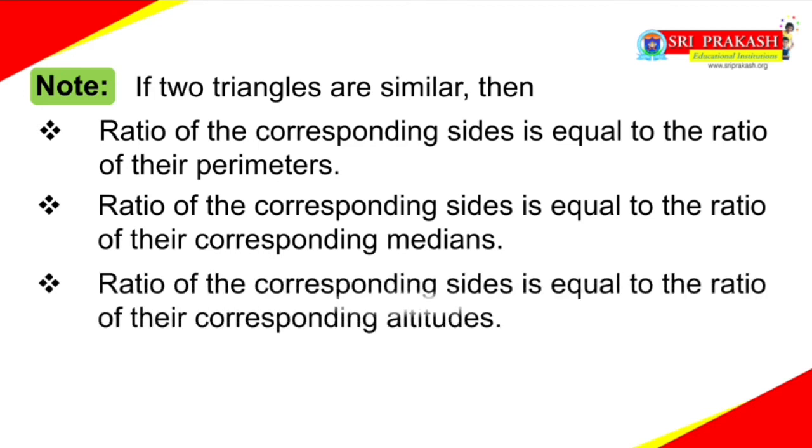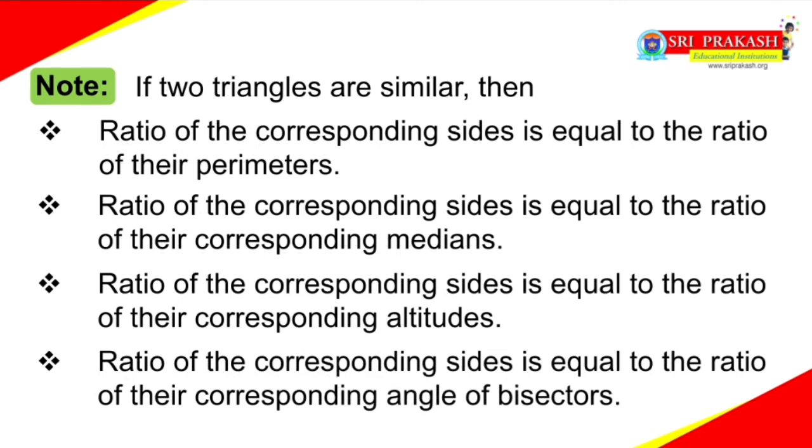Next, the ratio of the corresponding sides is equal to the ratio of their corresponding altitudes. Next, the ratio of the corresponding sides is also equal to the ratio of their corresponding angle bisectors.